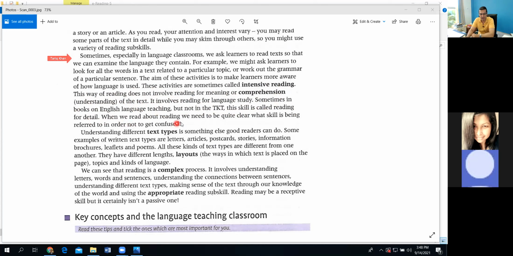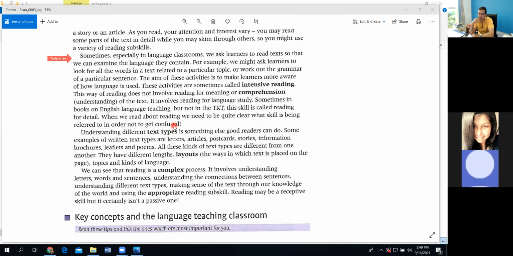When we read about reading, we need to be quite clear what skill is being referred to, in order not to get confused. Now, what we do in the classroom, we give different types of text to the children. Story also we give, and they read it. That is for pleasure, to relax them, to build up their reading, to get used to the reading, encouraging them.